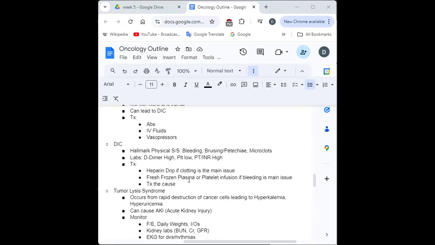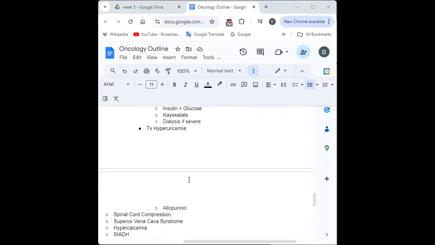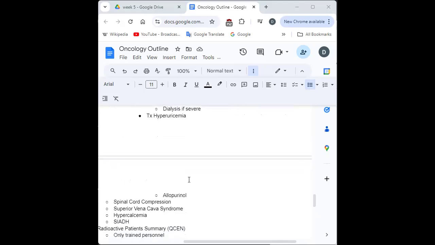Tumor lysis syndrome is pretty much just caused from going too hard on the therapy, and spinal cord compression is a tumor causing compression. Same with superior vena cava syndrome. Got it, thank you. But probably just double check your notes, and see if maybe when we talk about the next one, it feels more familiar.